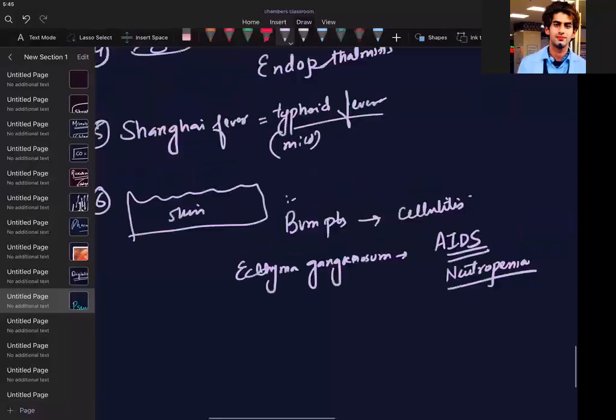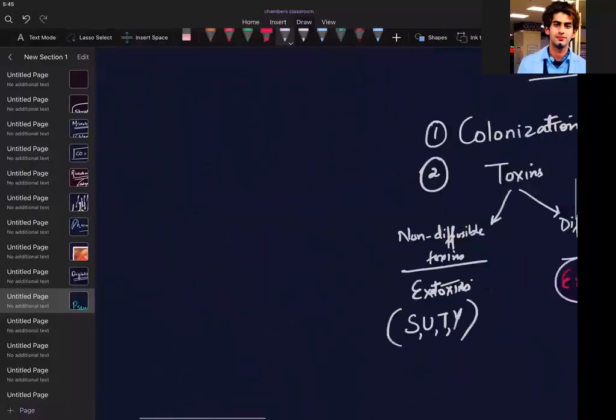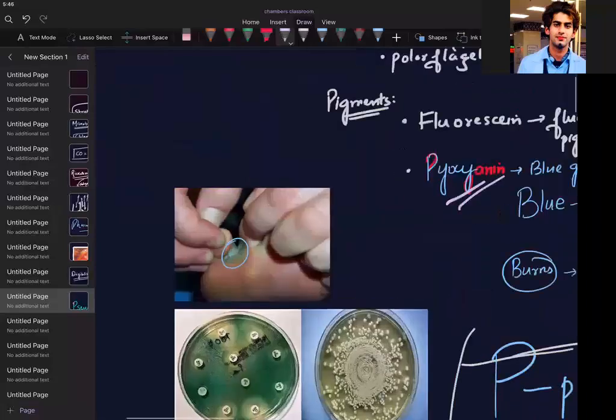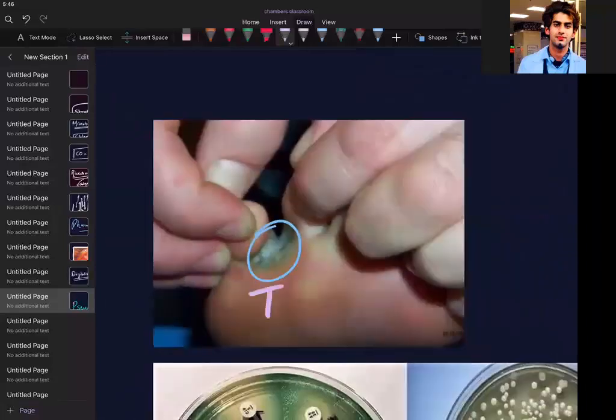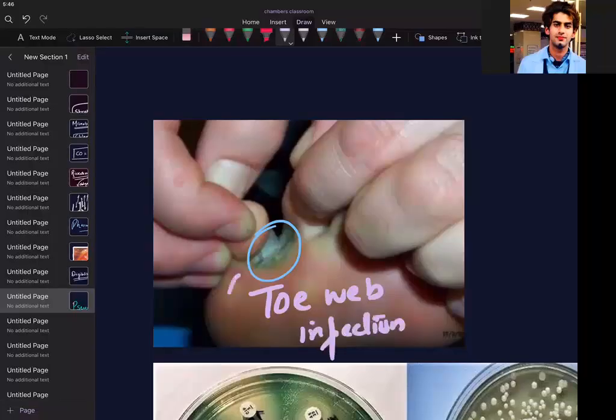So what is this infection called, by the way? The photo which I had, I remember. This is called toe web infection. This is the toe web, isn't it? You have webs in between the toes.